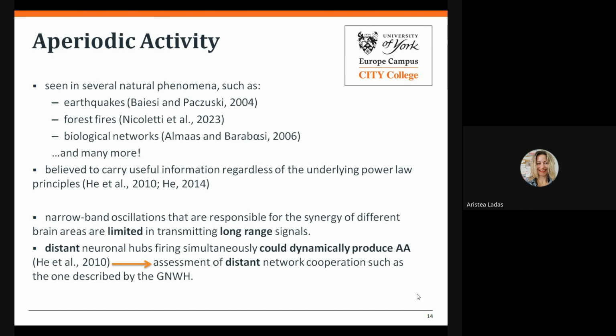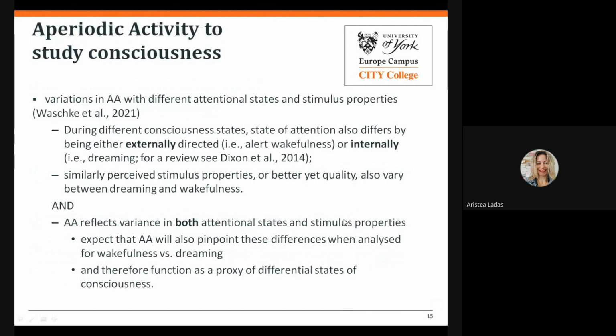So measuring aperiodic activity provides us with the ability to assess distant networks, and it is distant network comparison that is described by the global neuronal workspace hypothesis that brings about consciousness. So it seems that aperiodic activity is a great fit, in combination with oscillatory activity, to assess consciousness in a holistic way.